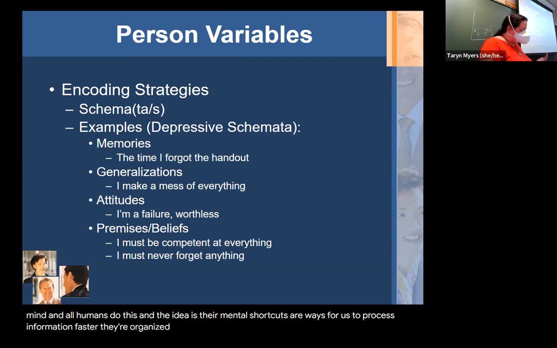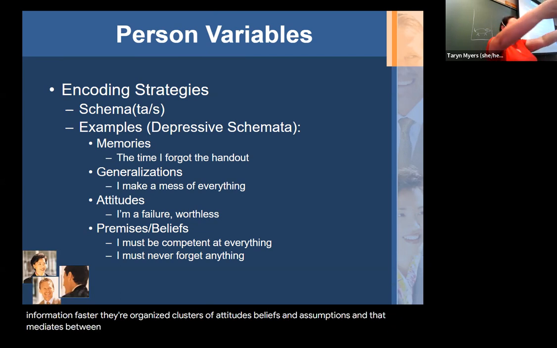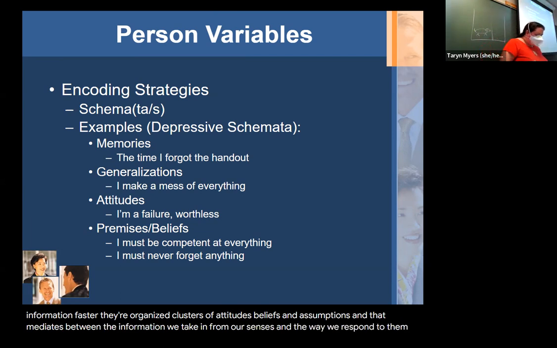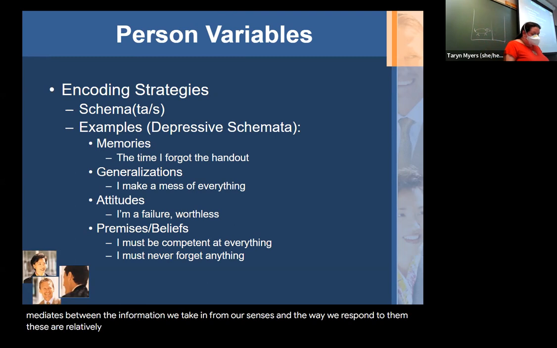They're organized clusters of attitudes, beliefs, and assumptions that mediate between the information we take in from our senses and the way we respond to it. These are relatively stable and enduring ways that we perceive and know about the world. Some of these are pretty simple.